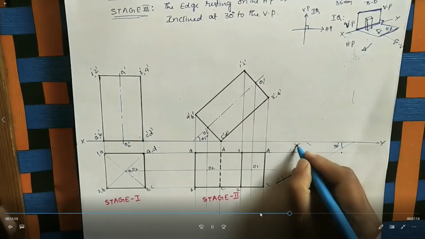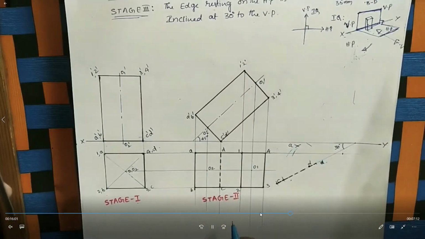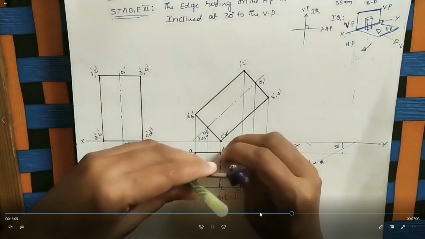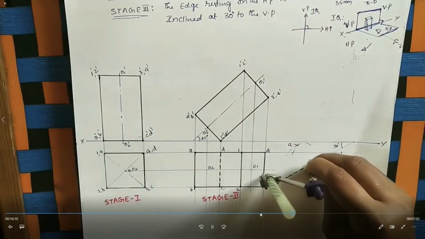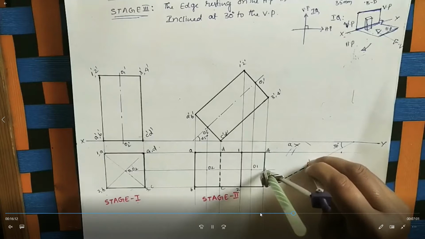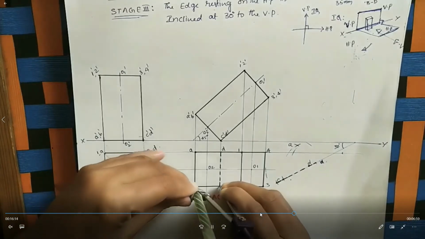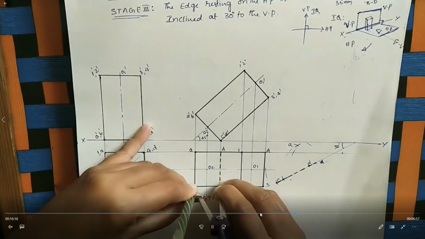Okay. That is the A point. And B to C. No need to measure the diagonal. You may just write horizontal also.